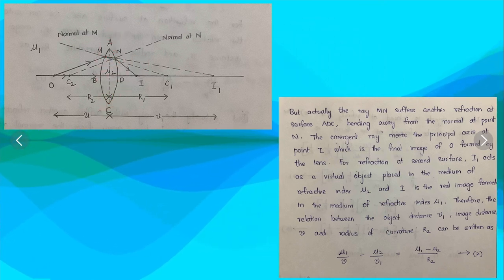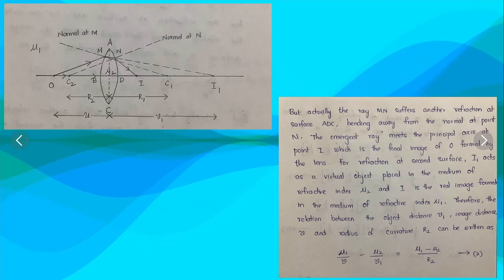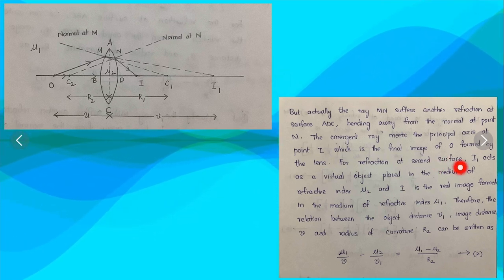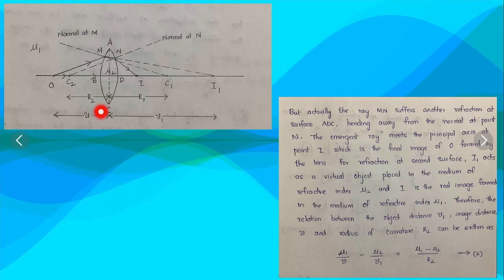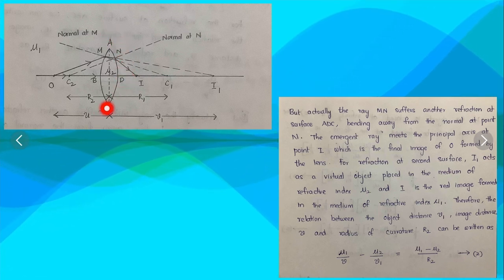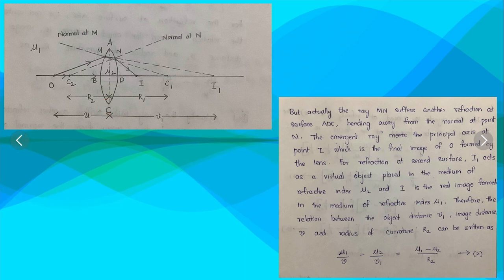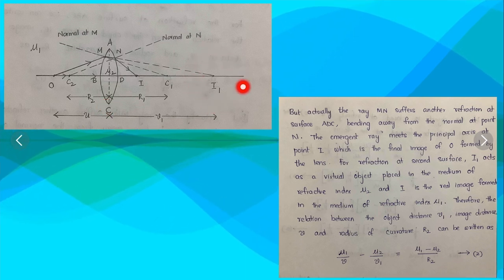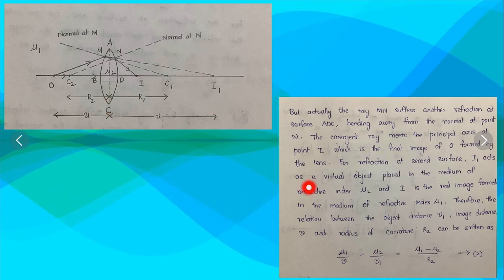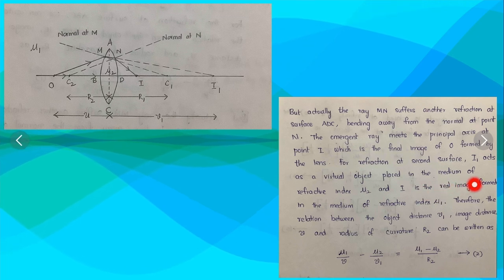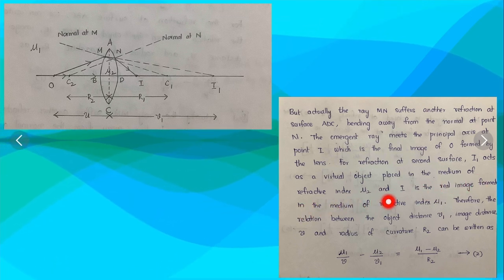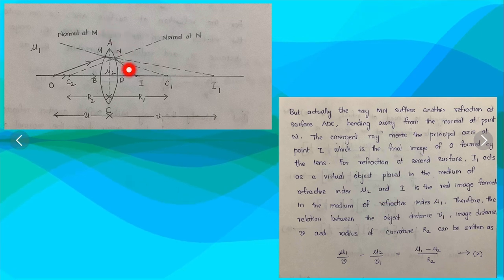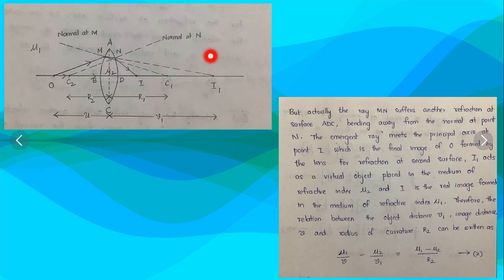Now for the surface ADC, what is the object? For the surface ADC, I1 acts as the object, that is the virtual object placed in the medium of refractive index μ2.